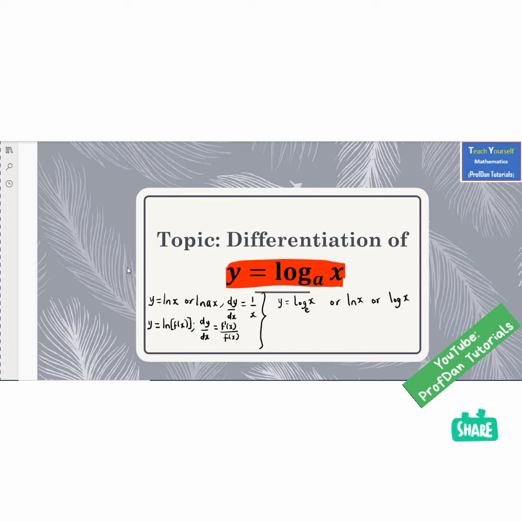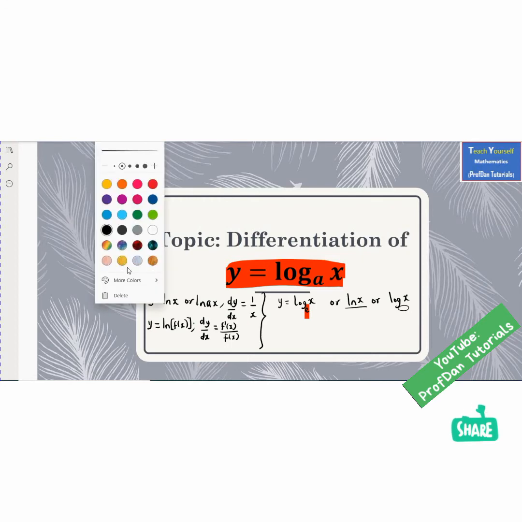When the base is not indicated, it is assumed to be base e, which is the same as ln x. When it is written to base e and specified, it is what we call the Naperian logarithm.